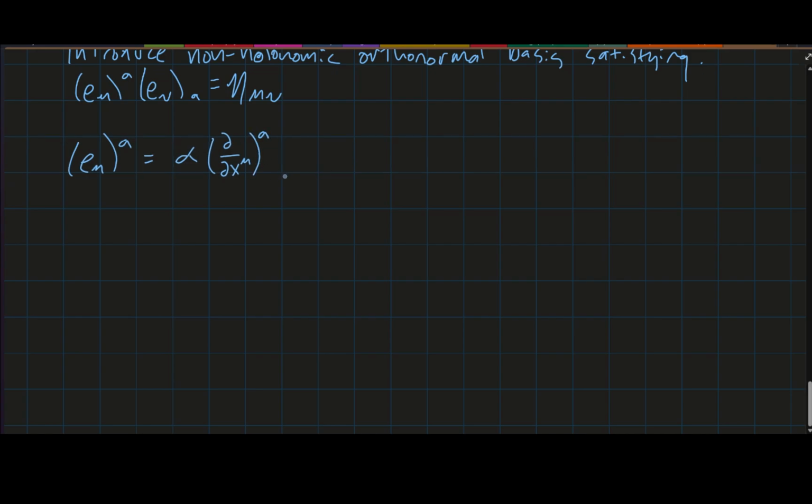This is kind of a weird notation, and I'm still not fully used to this, but basically what Wald means by this, if you have d by dt a, for instance, this just means a vector that in the coordinate system that we're working in is 1 in the time slot and 0 in all other slots, essentially. So if instead of a t down here we have an x2, then this gives 1 when a is 2, essentially.